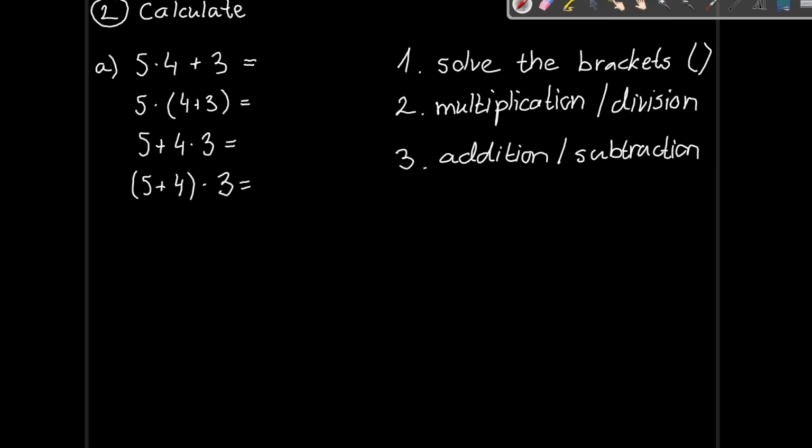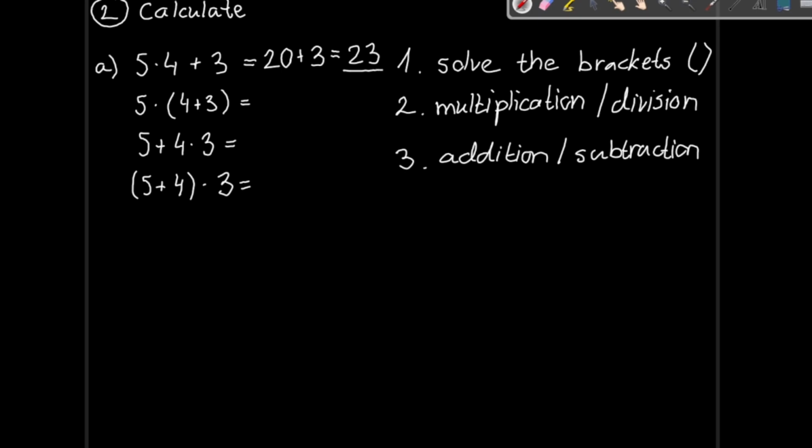So this problem has the same numbers. The only difference is where the plus signs are and where the multiplication sign is and the brackets. So in the first example, we can't go just from left to right. Since there are no brackets here, we need to do the multiplication first. So we need to do that step first. And then what remains is the addition. So that's 23.